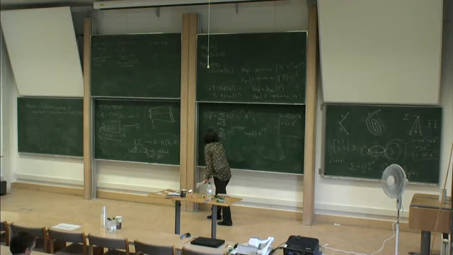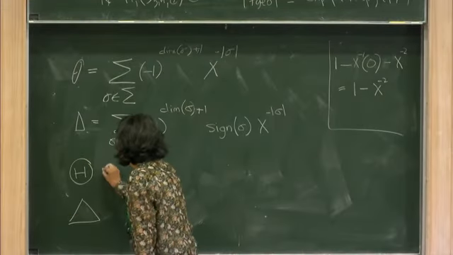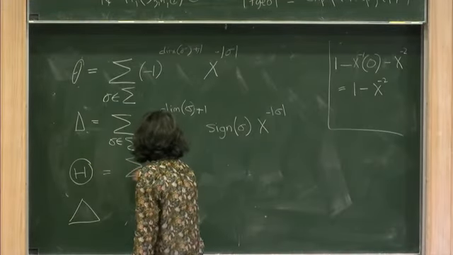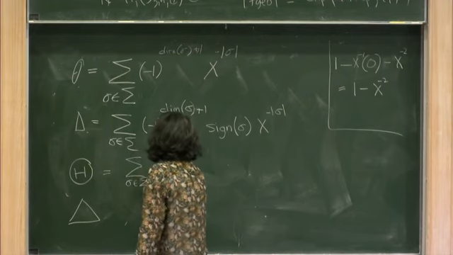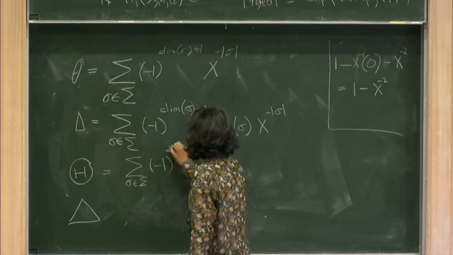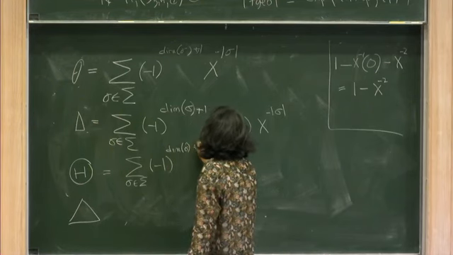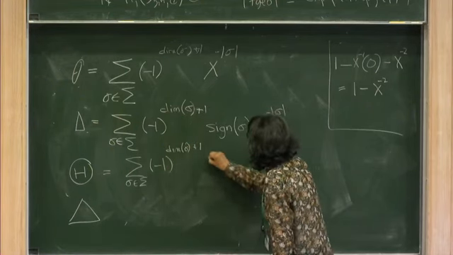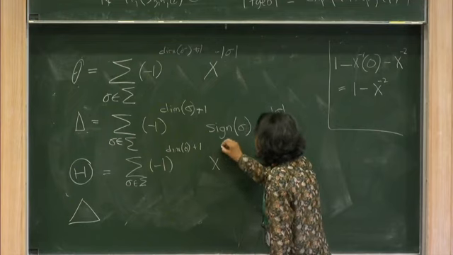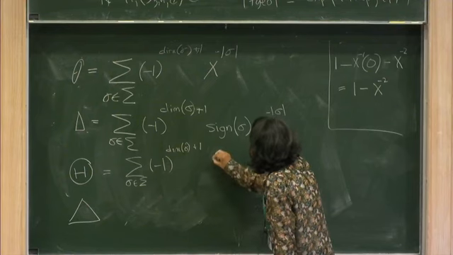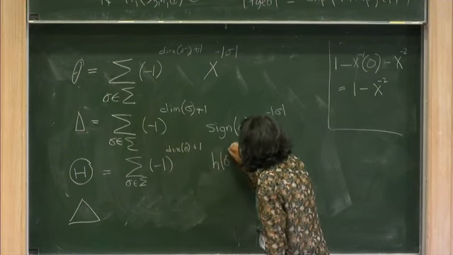our Teichmueller polynomial and our Alexander polynomial. So the Teichmueller polynomial is going to be sigma minus 1 to the dimension plus 1, or if you want to think of it as h of sigma inverse.